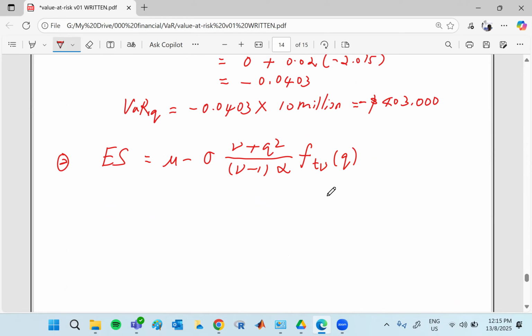Just now we found that Q is minus 2.015, this is the quantile. Alpha is 5%, the tail area.